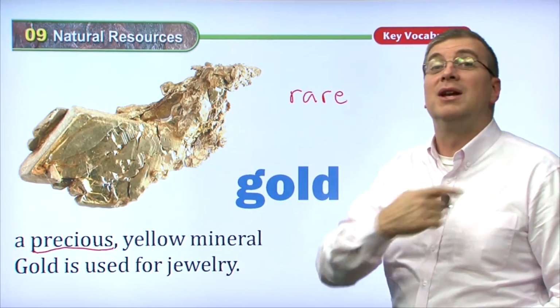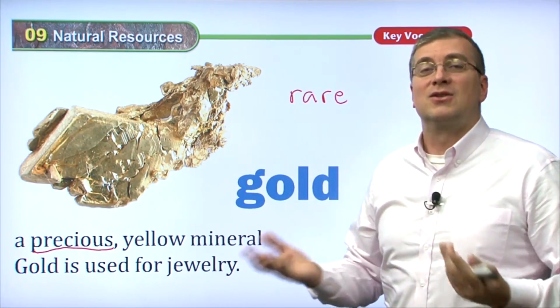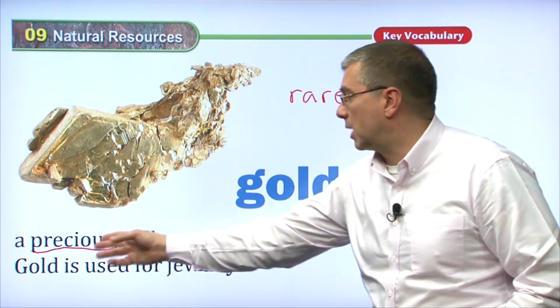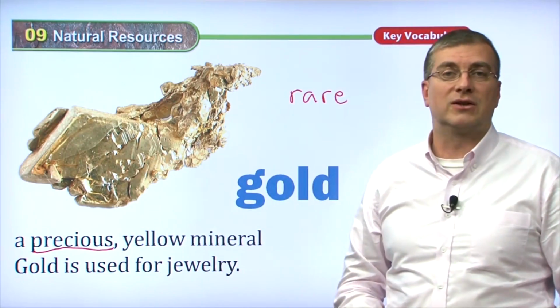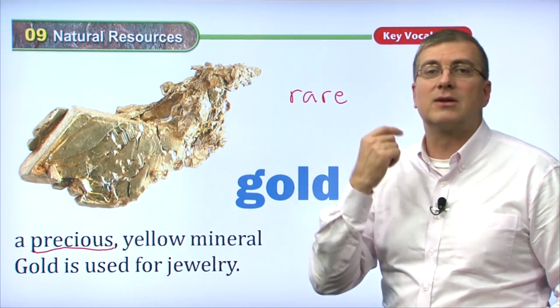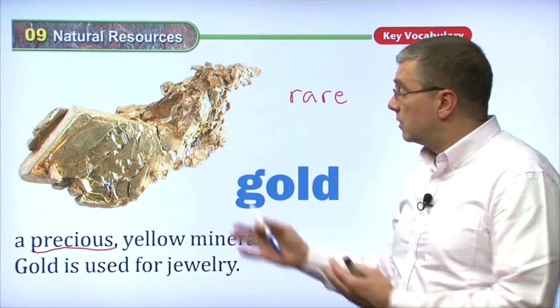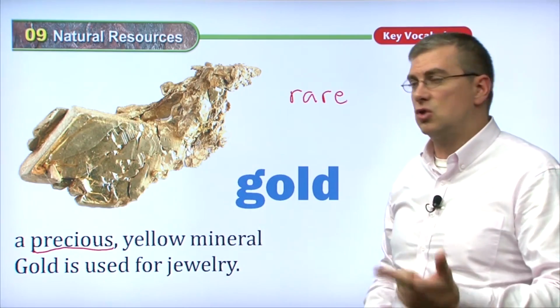I wouldn't wear earrings. Or necklaces. Sometimes you see guys with big heavy gold necklaces on. So gold is also used a lot for jewelry. Okay? So gold, a precious yellow mineral. Gold is used for jewelry, as I've just said. Rings, earrings, necklaces, bracelets, all types of different jewelry. So this is why gold is precious and it's very famous. Used for money, used for jewelry.